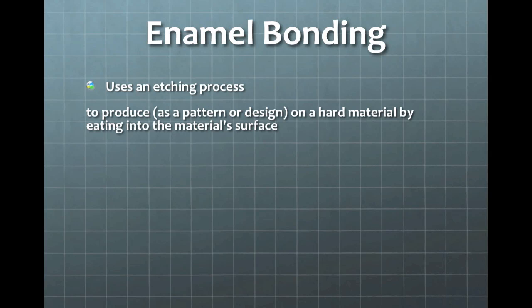You know, in industry we talk about etching metals, but in dentistry we etch enamel, and it does the same thing there. It kind of eats into the surface and creates what we call microporosities. We use 30% to 40% phosphoric acid for 15 seconds. It's a strong acid.